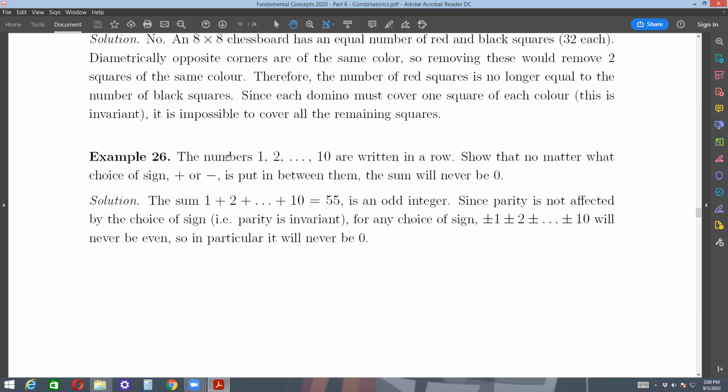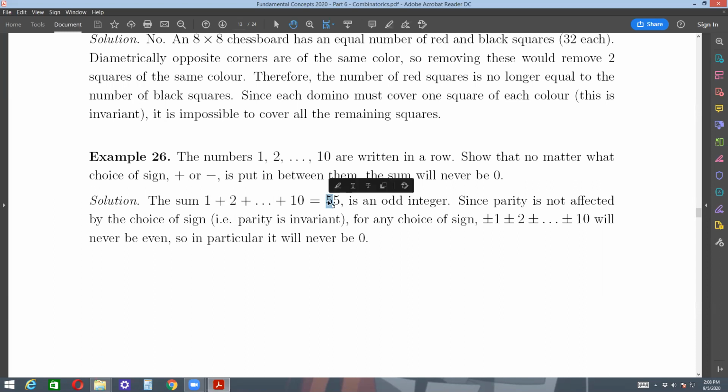Next example: the numbers 1 to 10 are written in a row. Show that no matter what choice of sign, plus or minus, you choose, the sum will never be 0. This is a straightforward one. If you look at the numbers 1 to 10, the sum is 55. That's an odd number. Now, suppose I changed this plus 2 to a minus 2. Instead of plus 2, I'll have minus 2, so I'll actually get 51.